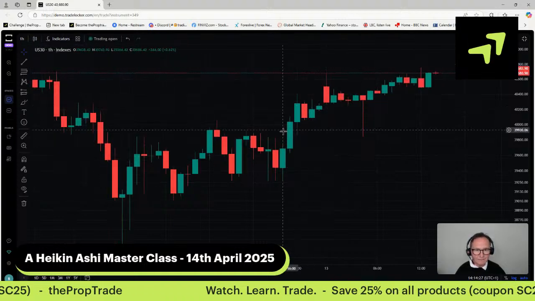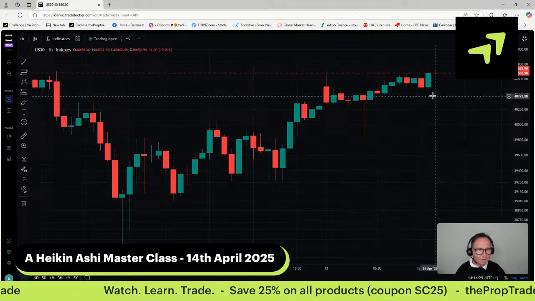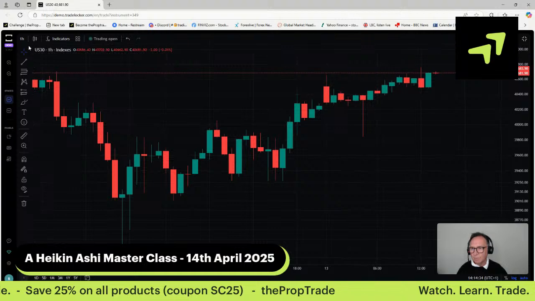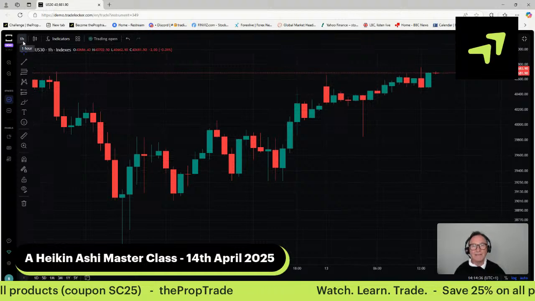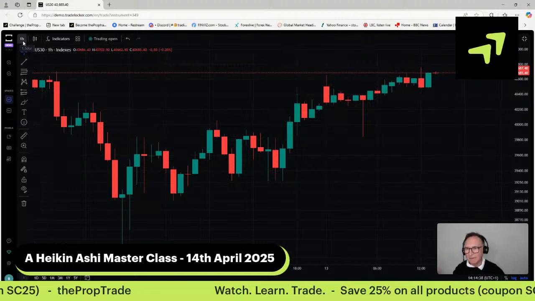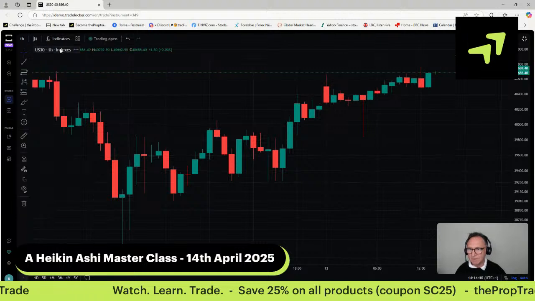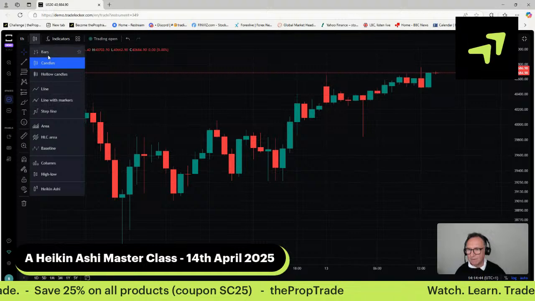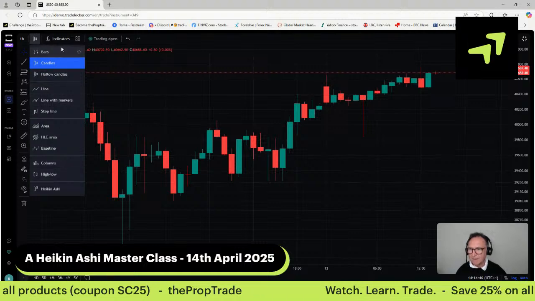There's more red candles, isn't it? In the same time frame, we've got 1, 2, 3, 4, 5, 6, 7, 8. I'll come to how we construct the Heikin Ashi candlestick in a minute, but that's a pretty good indication of the difference between normal candlesticks and Heikin Ashi candlesticks.